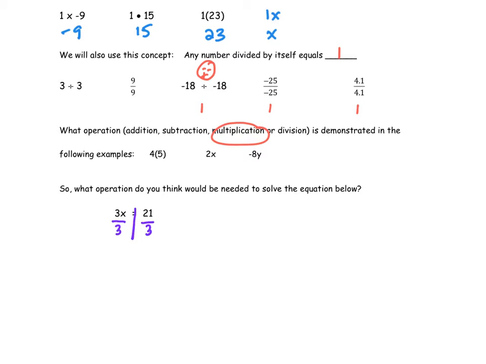And now here's what happens. 3 divided by 3 is 1. And we just talked about that 1 times x, or any number, would just be that number, x. So we've isolated the variable. The purpose of this is to isolate the variable. And on the other side, it's 7. So that's where we're going today. Please turn to the next page.